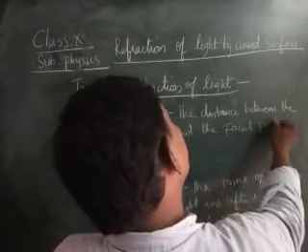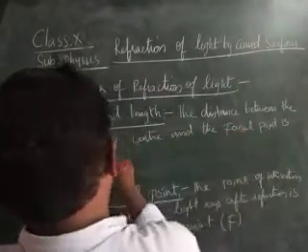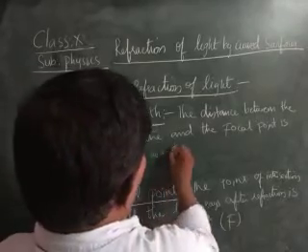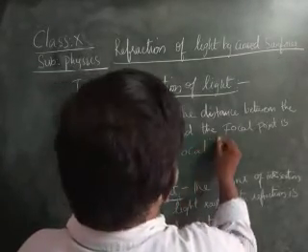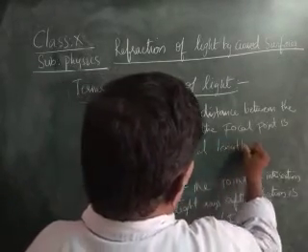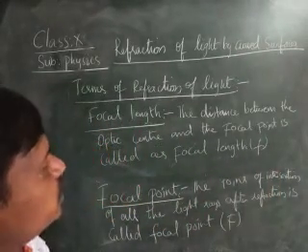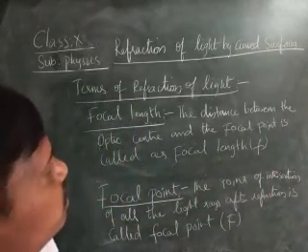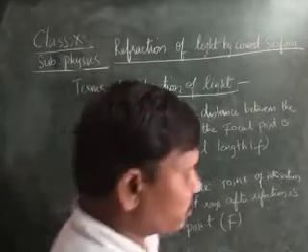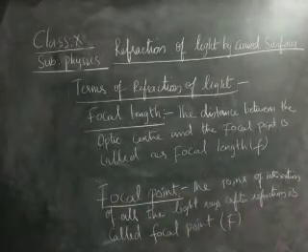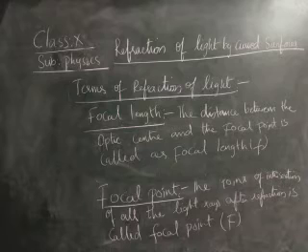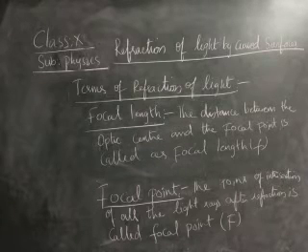Normally focal length is denoted by the small letter f. The distance between the optic center and the focal point is called the focal length. Okay, these are the terms which were there in the refraction of light.